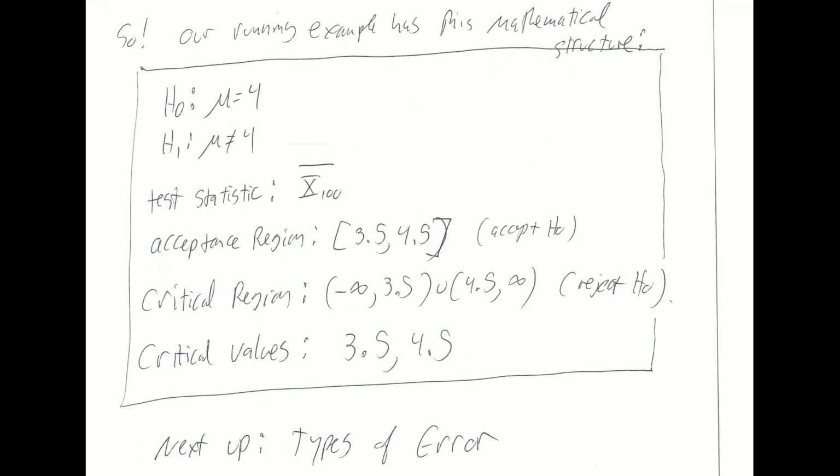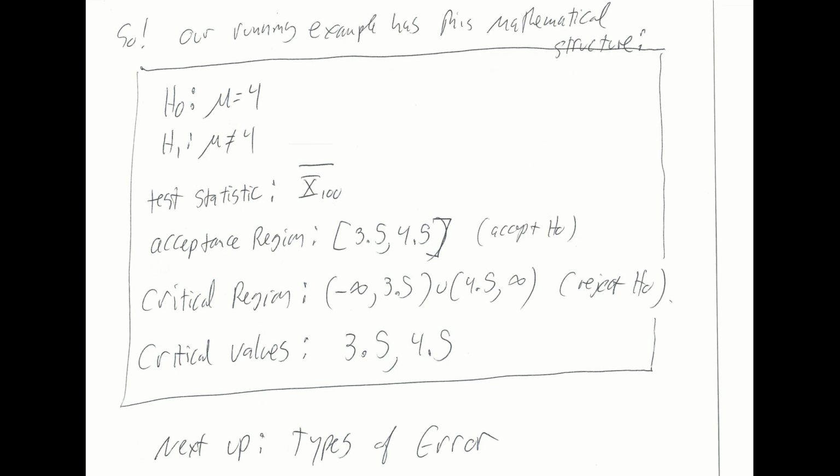We have a critical region from negative infinity up to 3.5, and then from 4.5 up, with those boundary points not included, which, if our test statistic falls in that region, we reject the null hypothesis in favor of the alternative hypothesis. And finally, we have critical values. Those are the boundary points between our acceptance and our critical region, and they are 3.5 and 4.5.